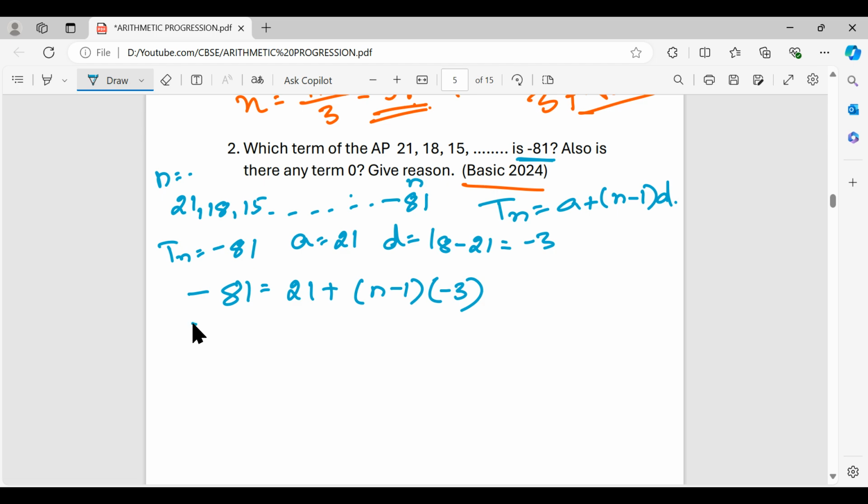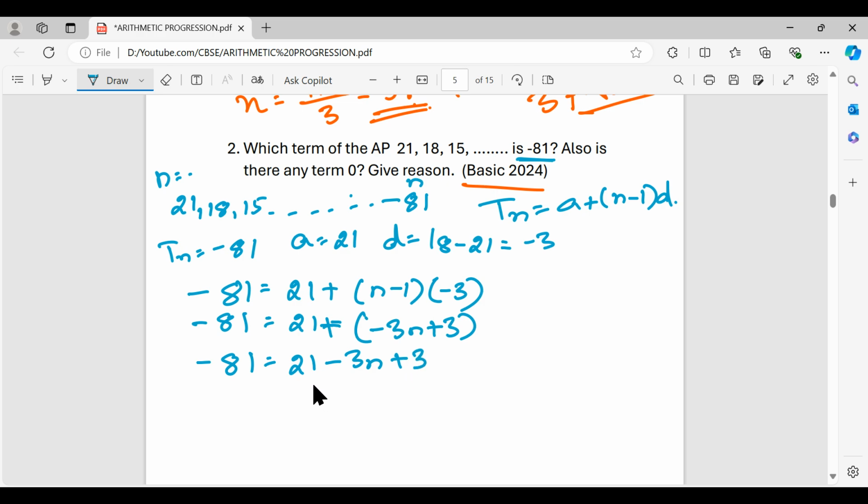Let's work on this. Minus 81 equals 21 plus, and we just keep this in bracket, minus 3n plus 3. Open the bracket: minus 81 equals 21 plus, plus and minus will be minus 3n, and plus 3. So you get 21 plus 3 is 24. So minus 81, and we'll bring this 24 this side, so it will be minus 24, which is equal to minus 3n.